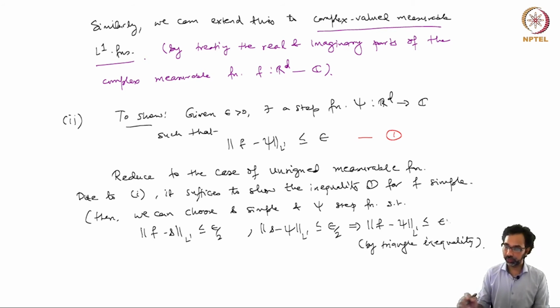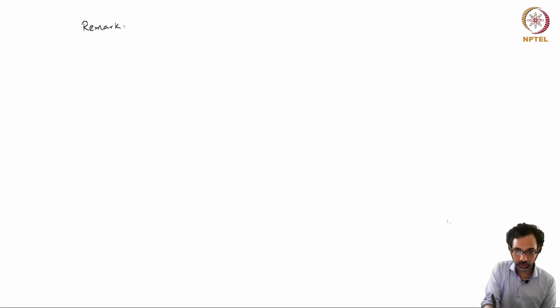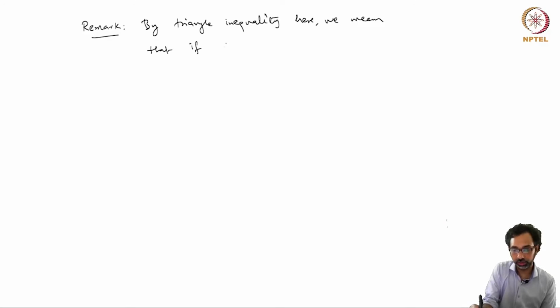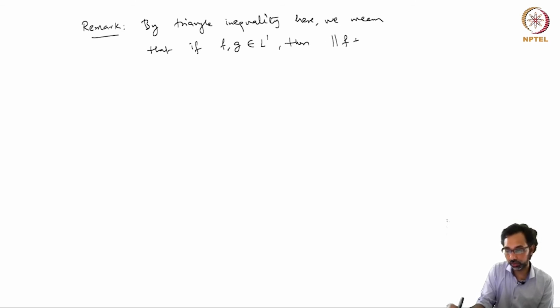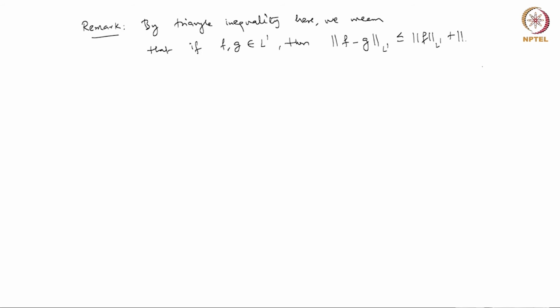Let me write here as a remark. By triangle inequality here, we mean that if f and g are L1 functions, then the L1 norm of f plus g or f minus g is less than or equal to the L1 norm of f plus the L1 norm of g.